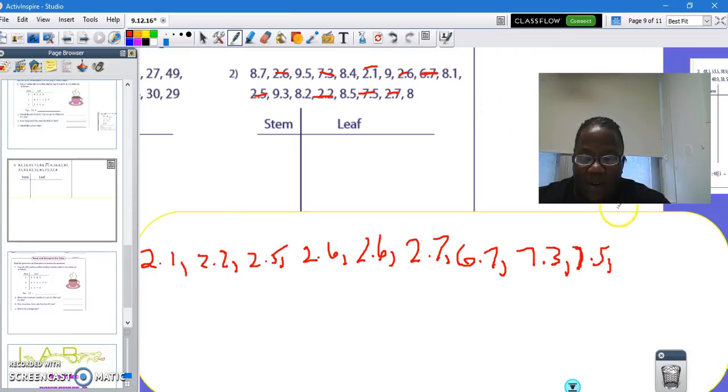So look for 8s. Oh, I see an 8. That's next because you have just $8, right? And then you have $8.10. So 8.1. And then I have, oh, there's 8.2.